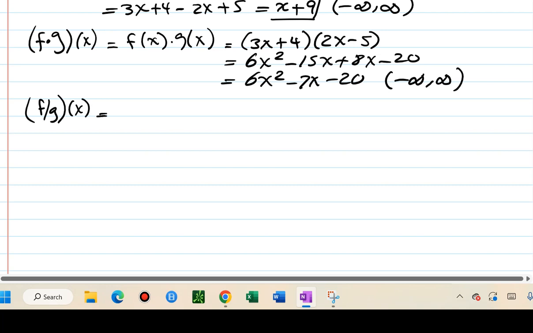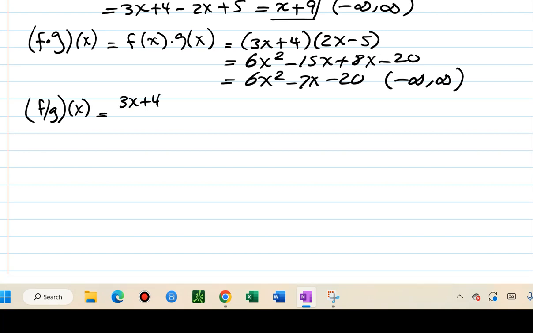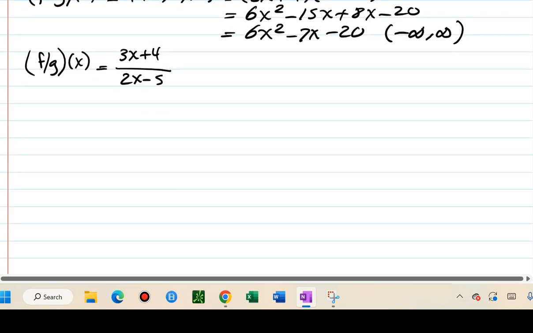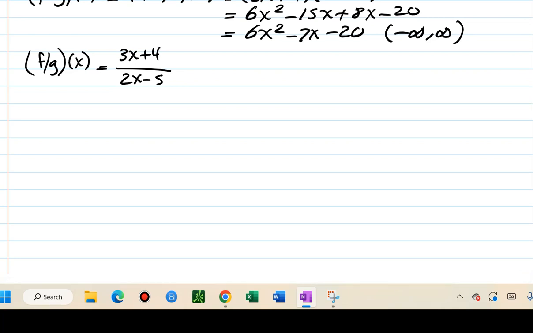Okay, let's do the quotient function. The quotient function is going to be f divided by g, right? 2x minus 5, sorry. There. And we cannot divide individually, so that's it. Now this fraction can handle anything except the values of, remember, this is f of x over g of x.